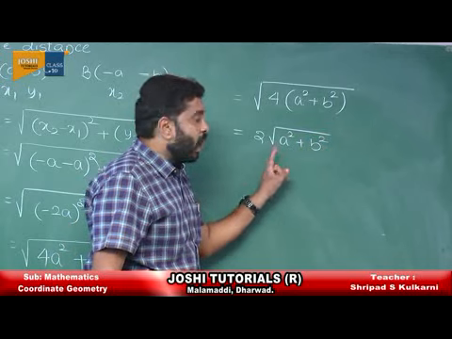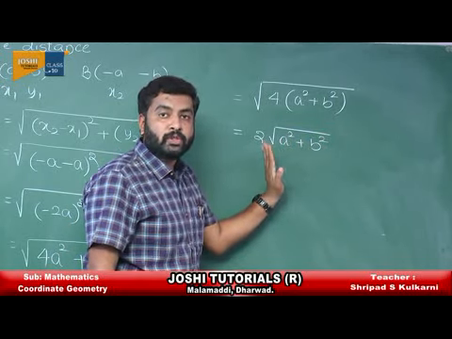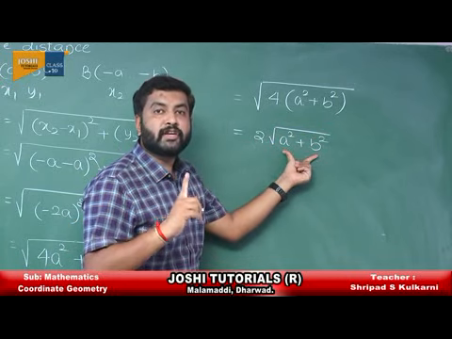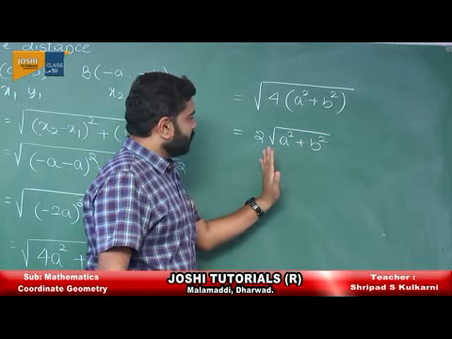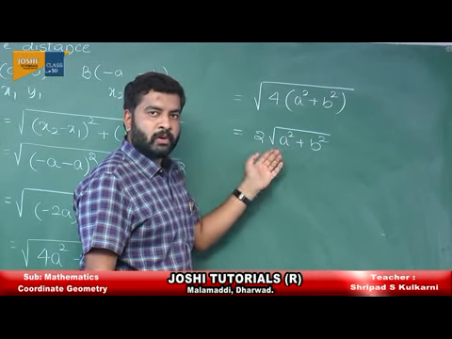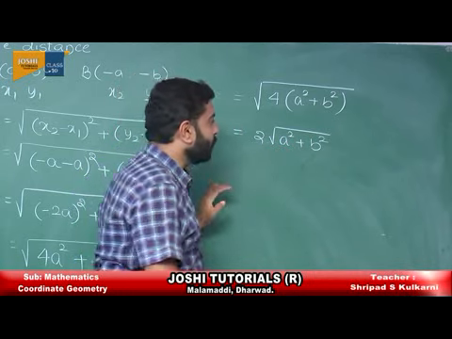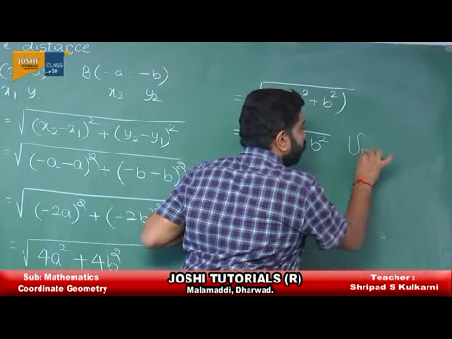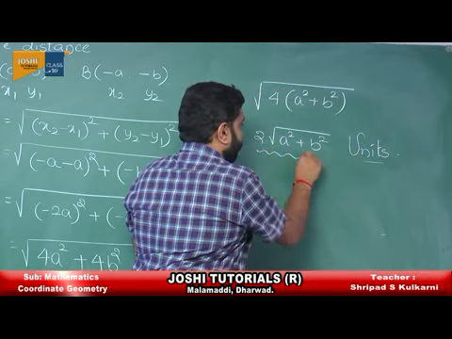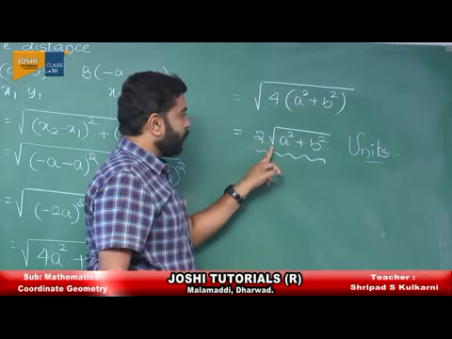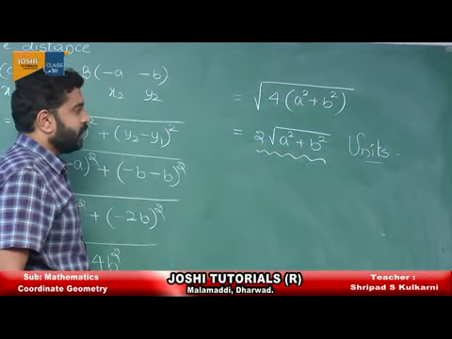This is final. I cannot take a square or b square out because it is completely one binomial term. This is the simplest form, so further I cannot continue. At this stage we can stop, and these many units. Don't forget to write the units. Your final answer is 2 square root of a square plus b square. Just have a glance. I will turn to the next.